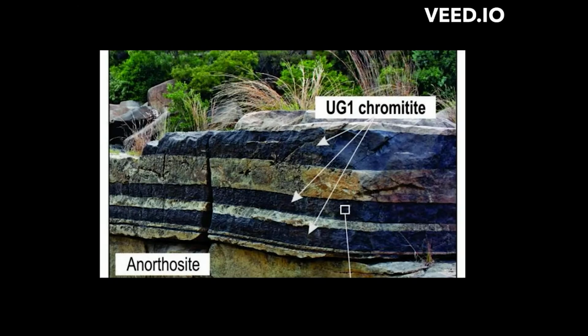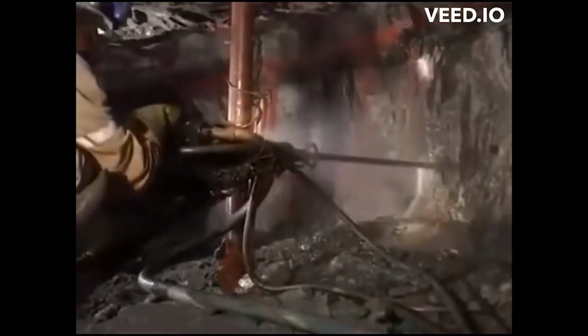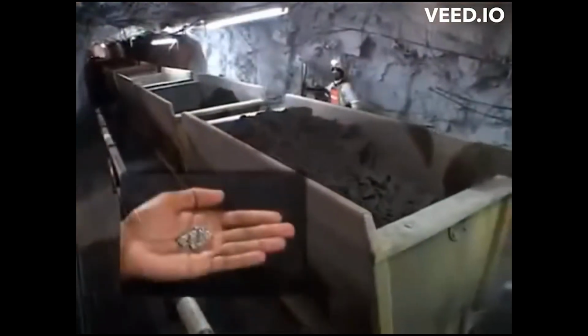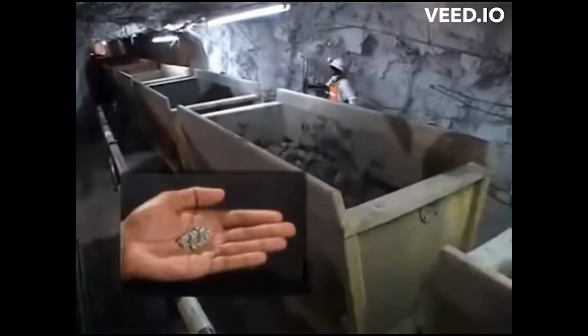The Bushveld Complex is characterized by its layered structure, which is the result of successive injections of magma into the Earth's crust. These layers are composed of various types of igneous rocks, each with distinct mineral compositions. The Bushveld Complex is renowned for its vast mineral wealth, particularly platinum group elements such as platinum, palladium, and rhodium. It also contains significant reserves of chromite, vanadium, and titanium.